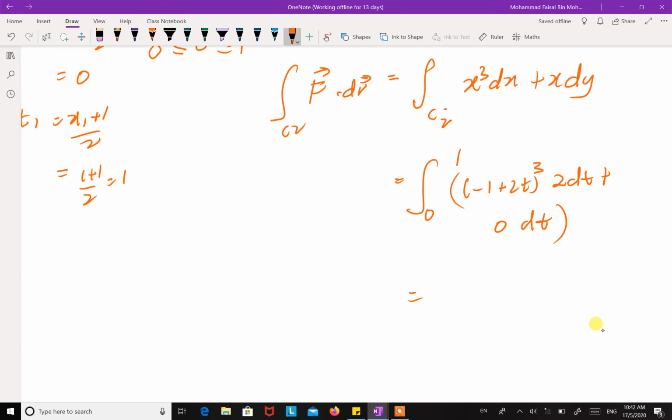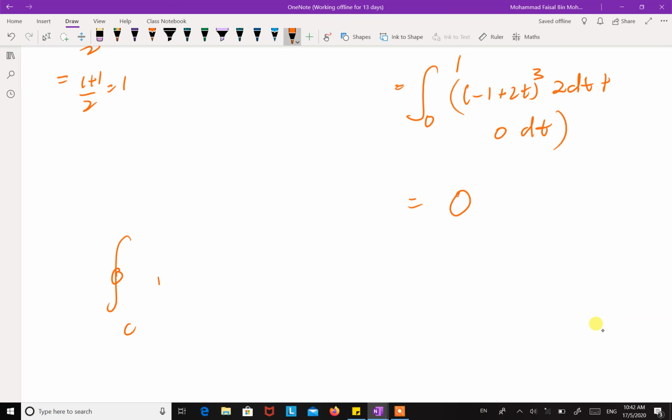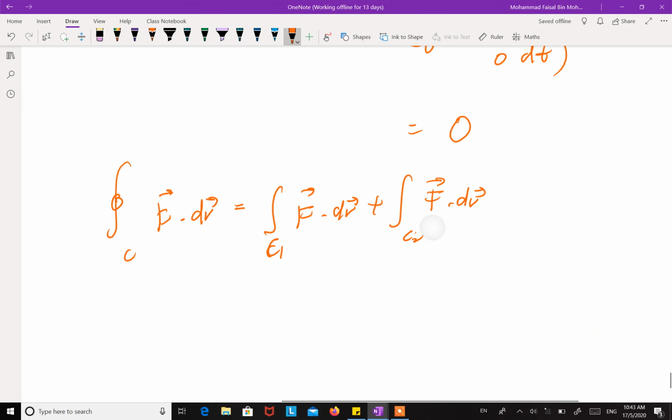If you solve this, you will get 0. So the total work done by the force can be written as the integral over C1 of F dot dr plus the integral over C2 of F dot dr. You will get pi over 2 plus 0, that is pi over 2.